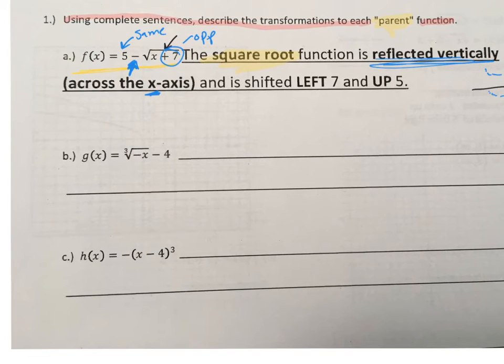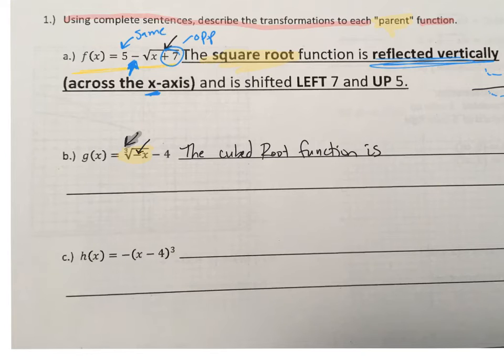So first I'm going to look and see if I can figure out what function this is. So I'm going to look at the basis of this x. So this right here is telling me the function. So the cubed root function, because that's to the third power, is inside opposite, outside the same.